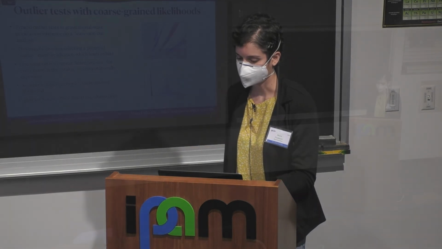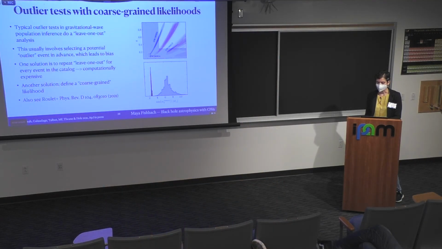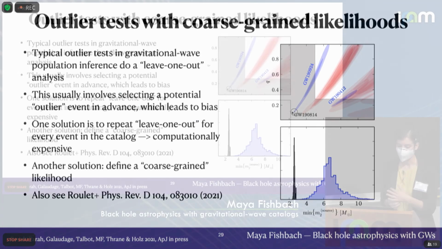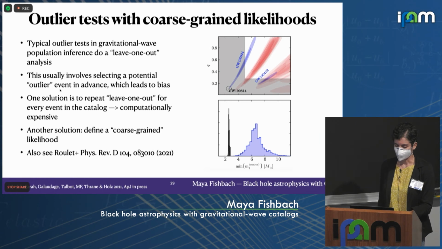One example of this is 1908-14, where we were like, it seems like it's too massive to be a neutron star, but doesn't really look like our other black holes, so what do we do about it? Well, we can do a leave one out analysis. We can infer our same parametric population distributions with 1908-14 and without 1908-14. And in this case, they end up looking very different. But this is kind of cheating because we've selected this event in advance, and we're only doing an outlier test with that event.